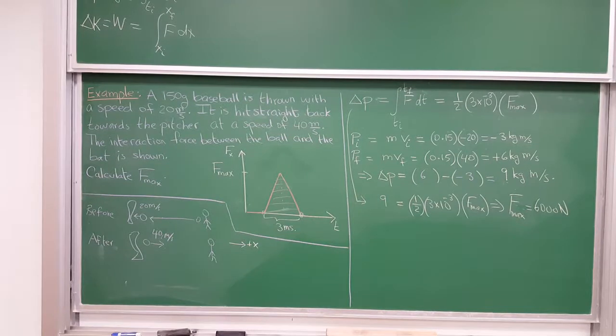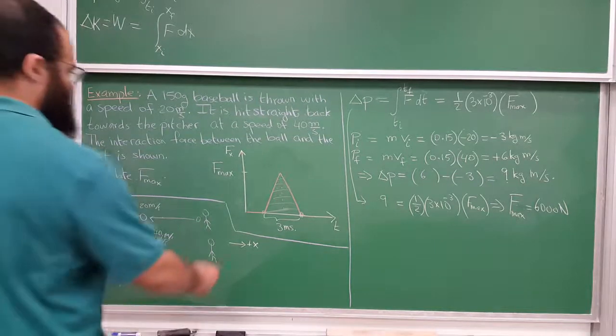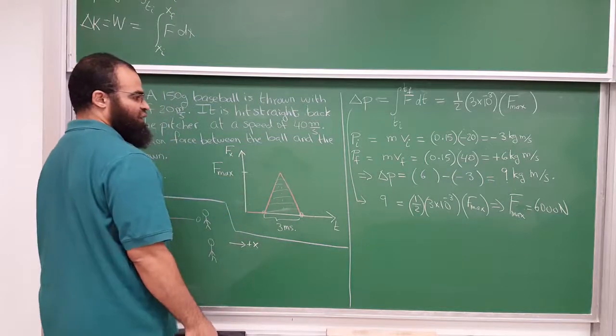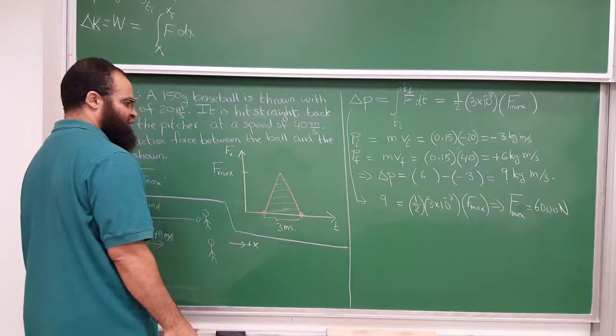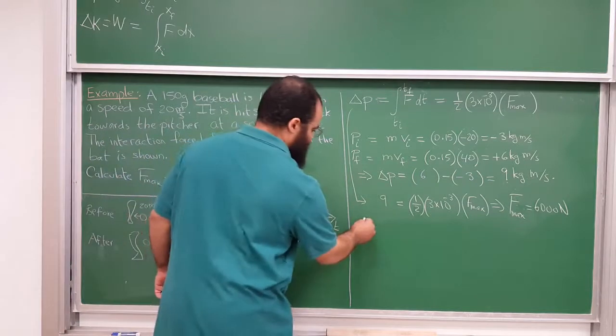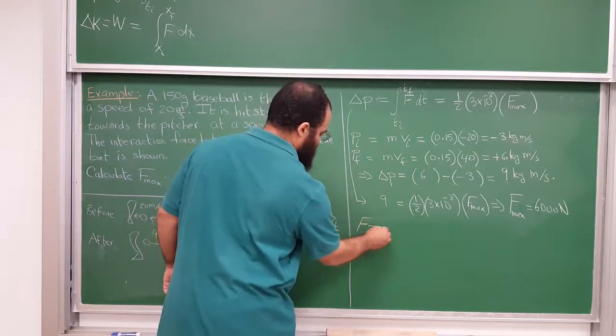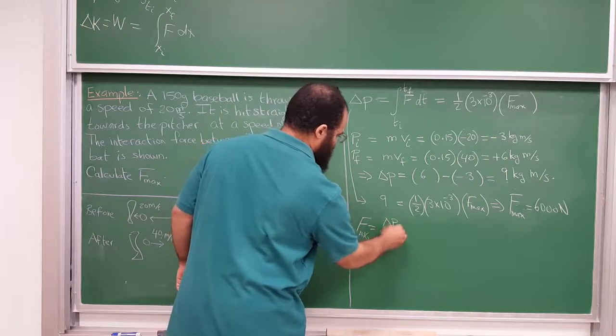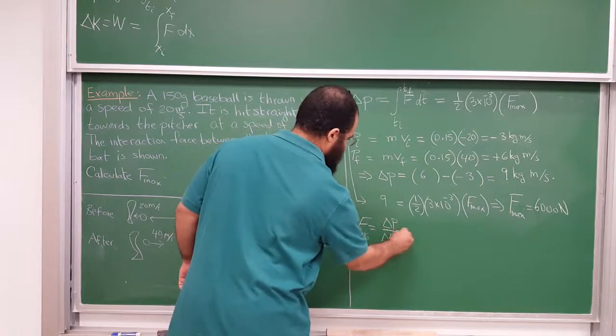Okay. So that was the average force. If you want the, I'm sorry, that was the maximum force. What's the average force? I mean, the average force is somewhere between 0 and a maximum value of 6,000. So what's the average force? Well, we can write the average force as the change in momentum over the change in time.